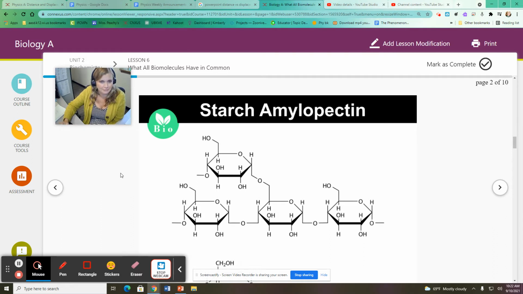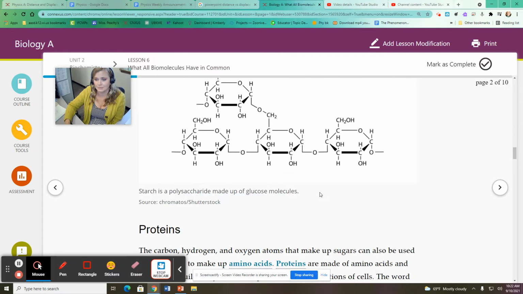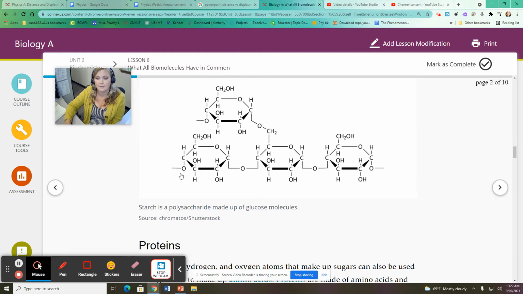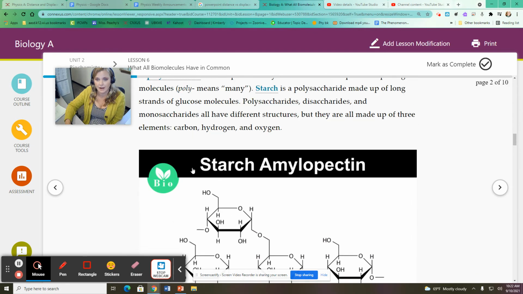I don't know if I pronounced that correctly. Amylopectin? I'm going to say, since it's amylase, it's amylopectin. That's what I'm going to say, because that's a prefix that we have in other molecules. But it's a much more complex chain of sugars. Polysaccharides. So those are our carbohydrates.